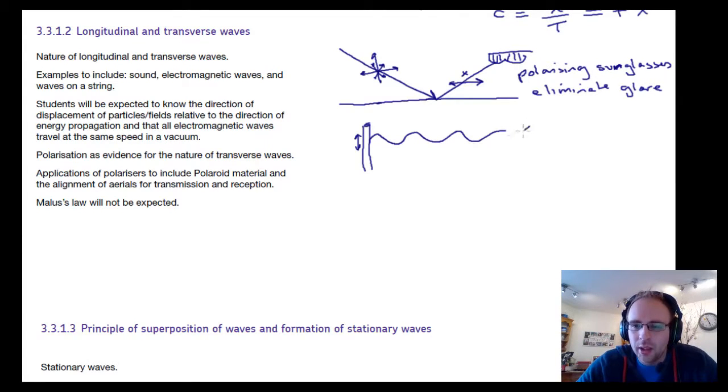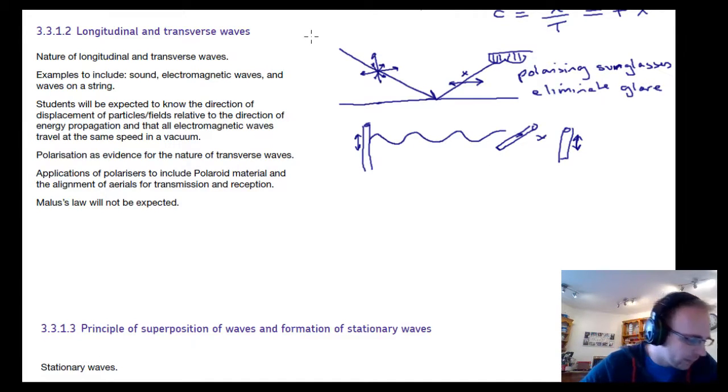So if I have my receiving aerial on a different axis, then it only gets a small part, only part of a component of this wave. So we don't want that. So what we want is to align our aerials in the same direction as the polarization of the waves. Lovely.